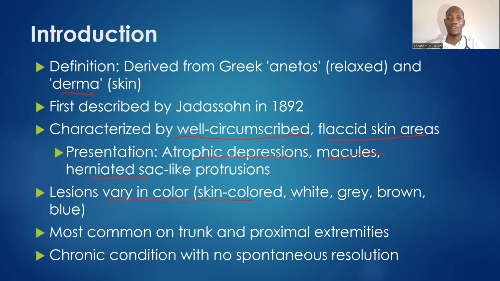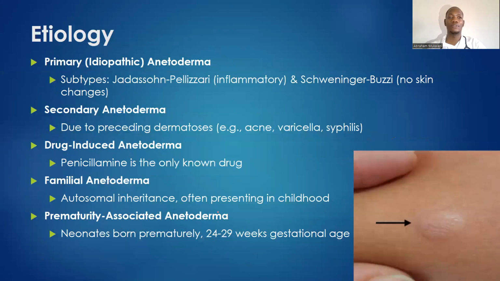We've seen a few cases where they are hypopigmented or even hyperpigmented. Some can appear whitish, grayish, brown, or sometimes even blue. The most common locations include the trunk and the proximal extremities. This is a very chronic condition, and sometimes it doesn't resolve spontaneously, or even with treatment.